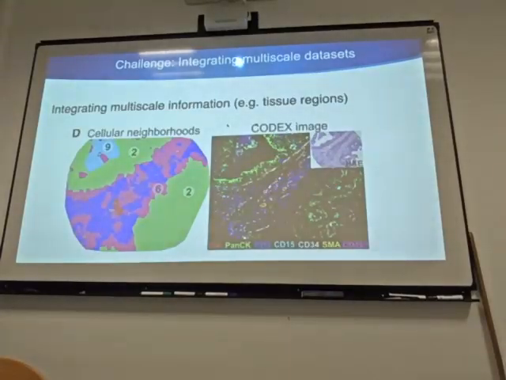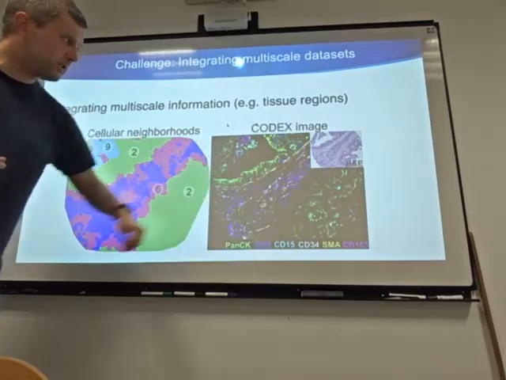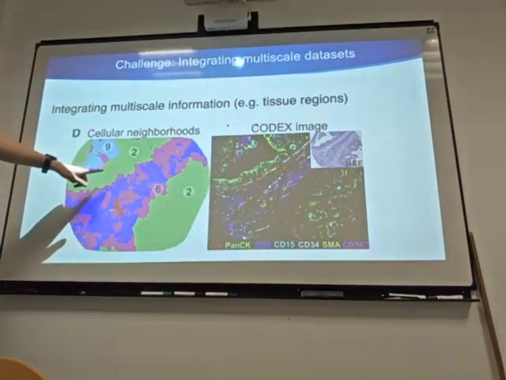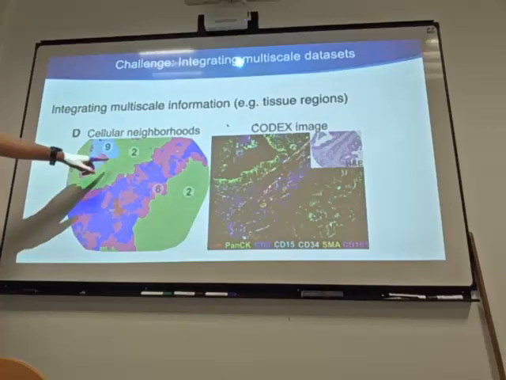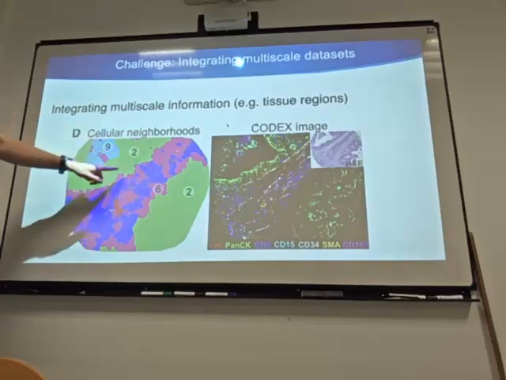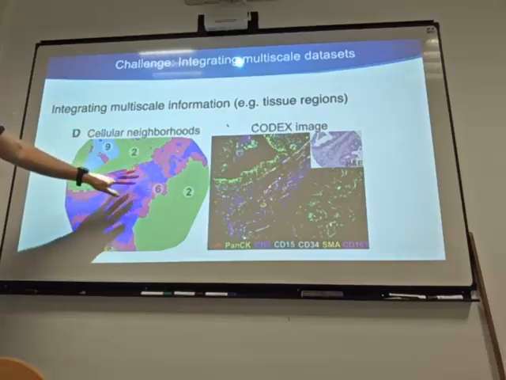And also something that is becoming increasingly clear, especially in tissues, is that you can look at the local relations between the different cells or the cells to structure, but actually this is local. So here this is labeling of different cells, and here this is the first clustering of the different regions of the tissue in a subregion.